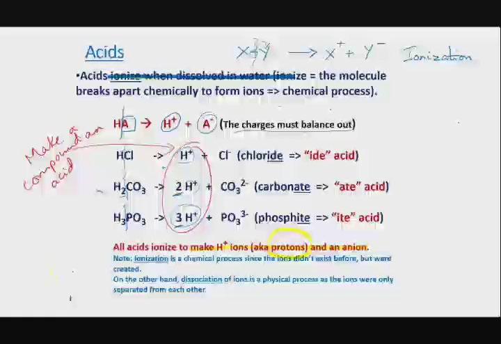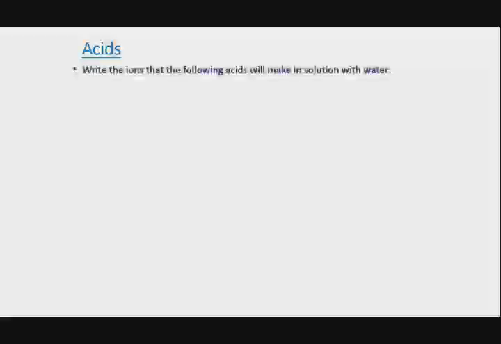But when an ionic compound that already had ions dissociates in water to make ions, that's not a chemical process. That's a simple dissociation of ions. That's a physical process. Okay, so let's use this knowledge to write the ions that the following acids will make when dissolved in water.